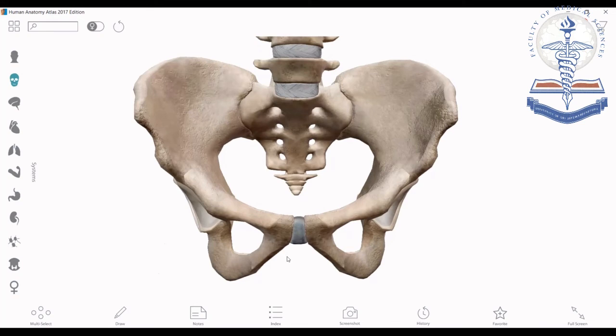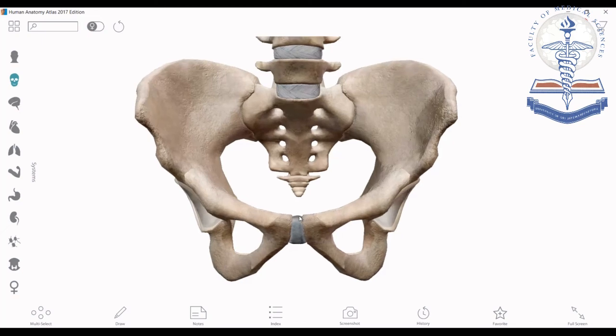Let's go through the pelvic measurements. As I described before, we have the pelvic inlet, the mid cavity, and the pelvic outlet. At the pelvic inlet, the transverse diameter is greater than the anteroposterior diameter. So this will facilitate the head of the fetus, if it is a cephalic presentation, to engage in a transverse manner.